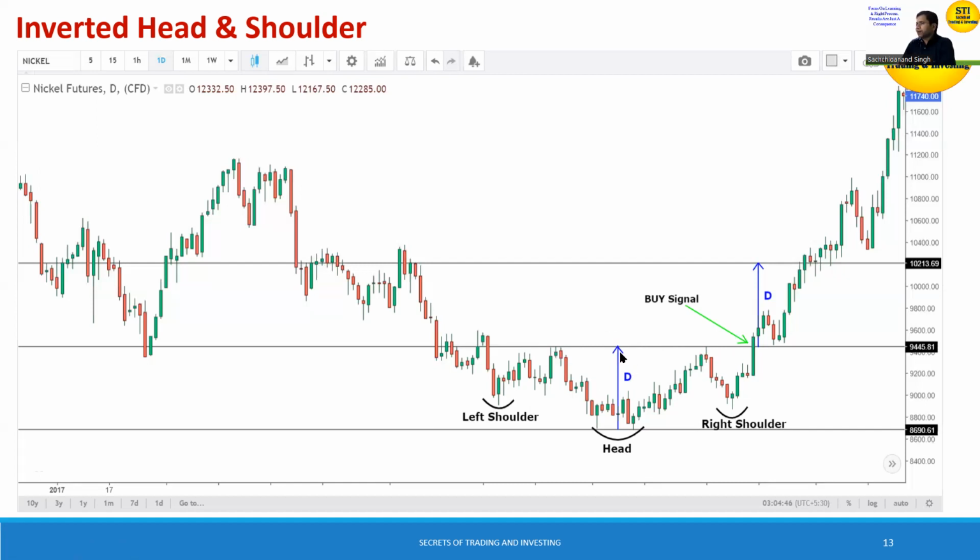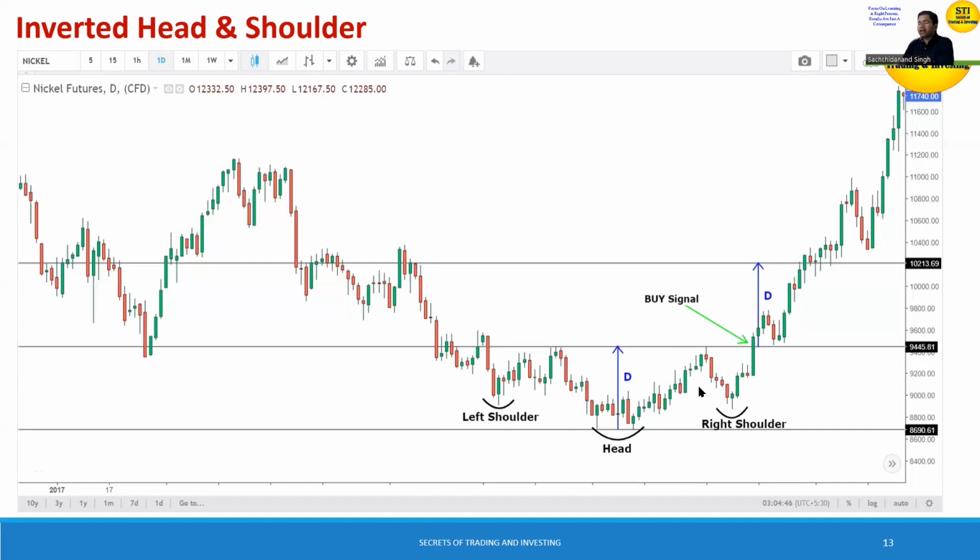Once we draw a perpendicular line from the head to the neckline, that will form a depth, and that you can say is the first target in this kind of chart formation.